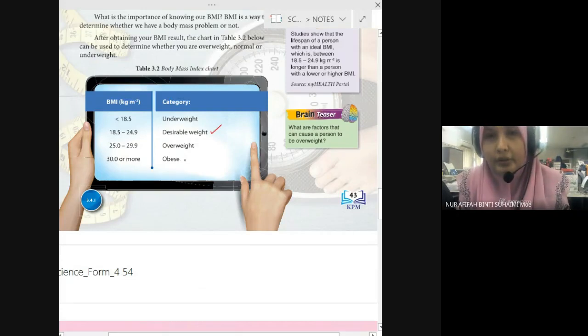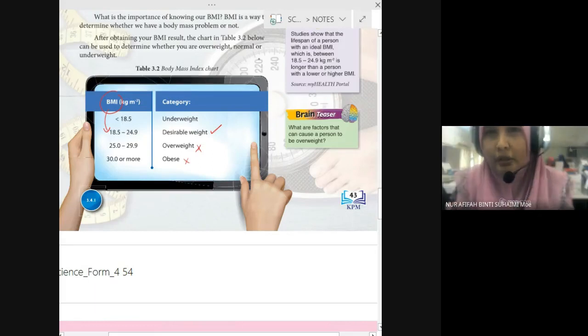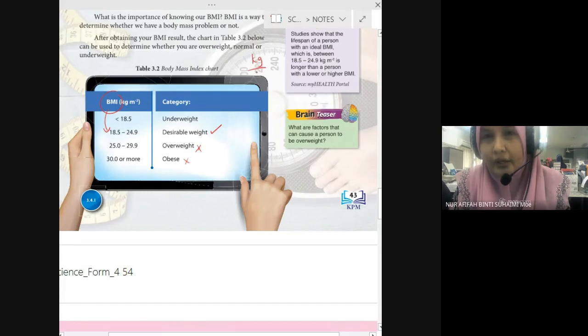We don't want overweight and obese. We want a desirable weight where our BMI is 18.5 to 24.9. So we need to calculate how many kilograms over height in meter squared.